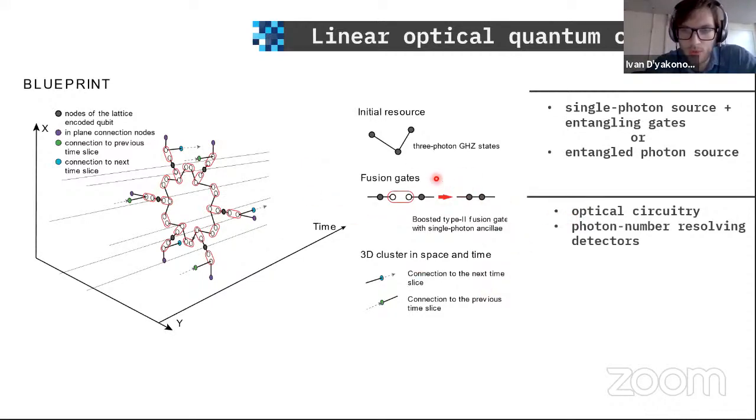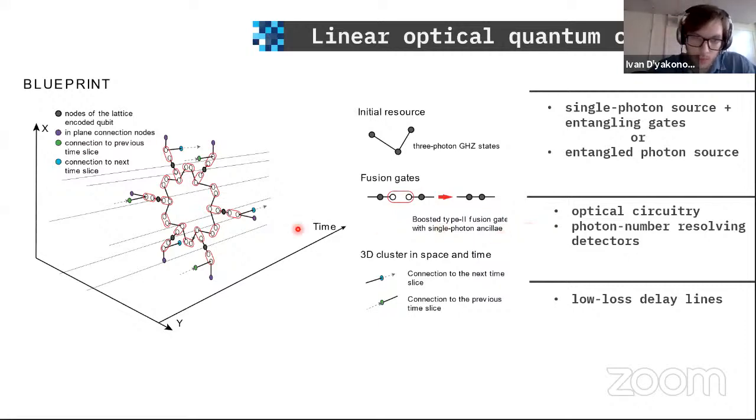Next, the fusion gates, which perform the construction of the computational cluster in this model, require quite sophisticated optical circuitry and quantum number resolving detectors, both of which apply to the near-term architecture as well.